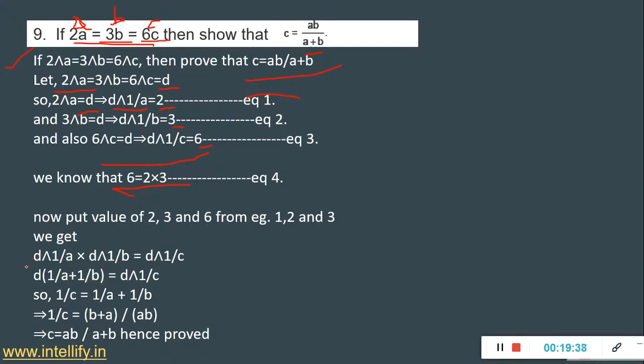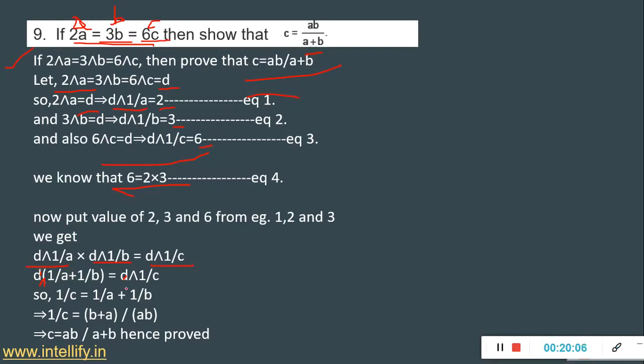So we can write it as d power 1 by a into d power 1 by b, that is equation number 1 into equation number 2, which will be equal to equation number 3. Taking d as common, 1 by a plus 1 by b, which is in power, is equal to d power 1 by c. D and d will cancel out as both are equal and their powers are different.